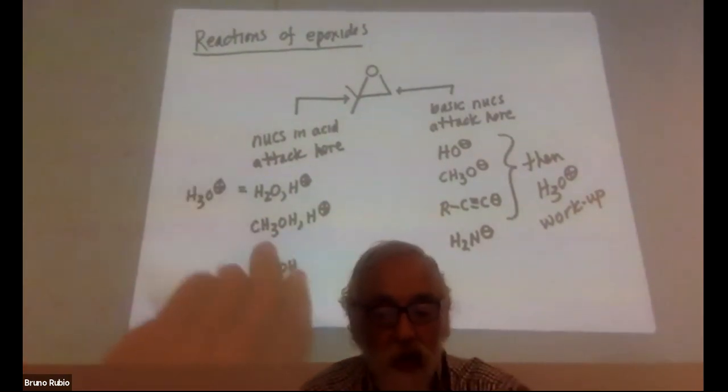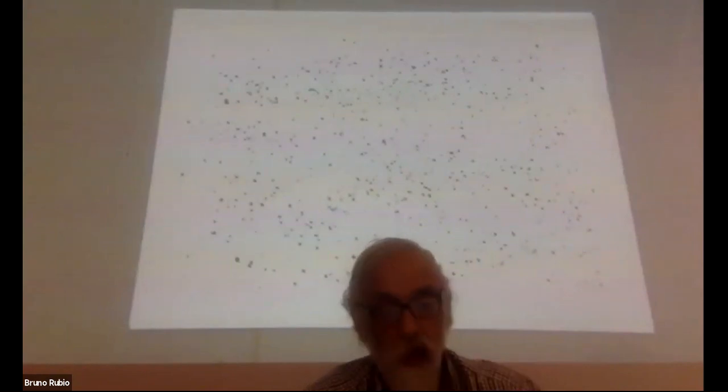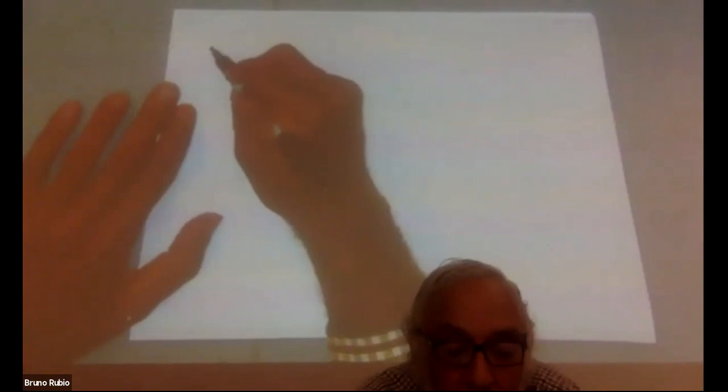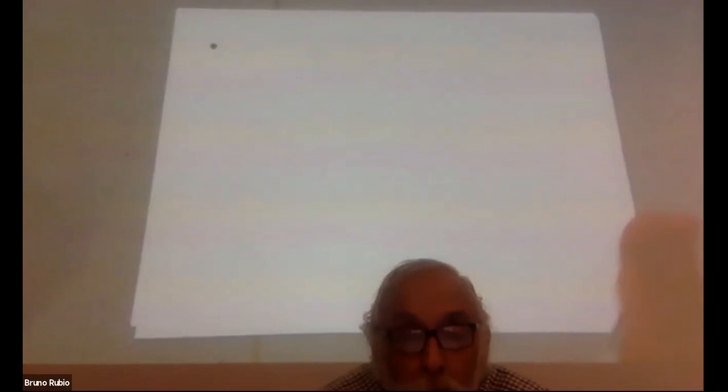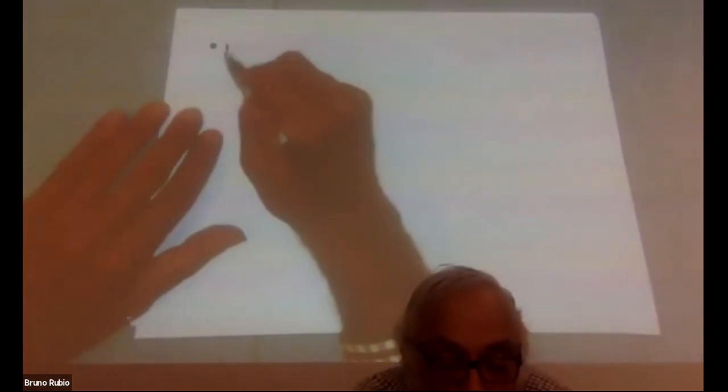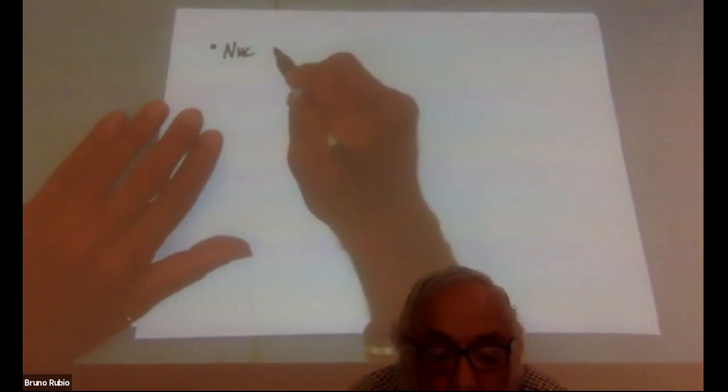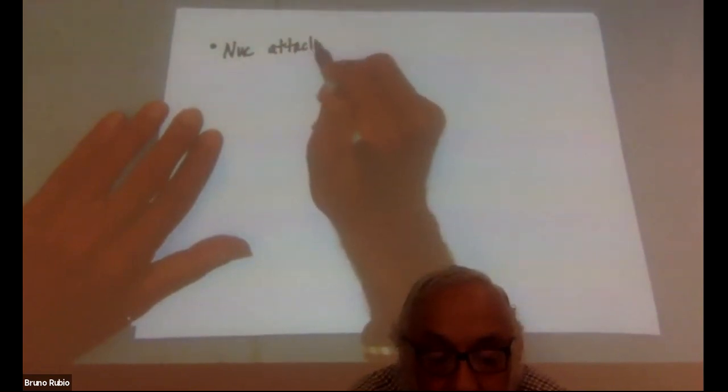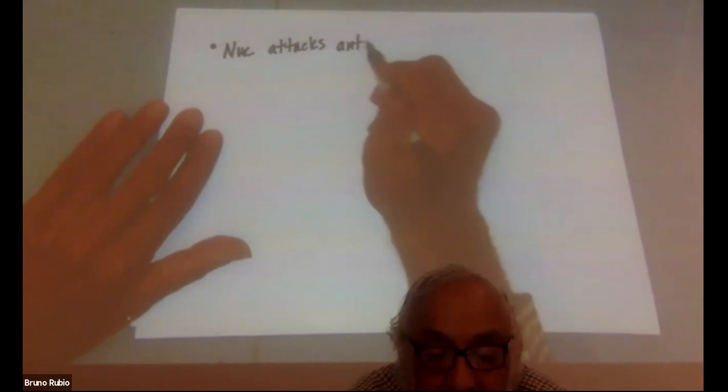Regardless of whether the nucleophile is an acid or a base, the nucleophile always attacks anti to the epoxide oxygen for steric reasons. And this happens whether it's a base or an acid.